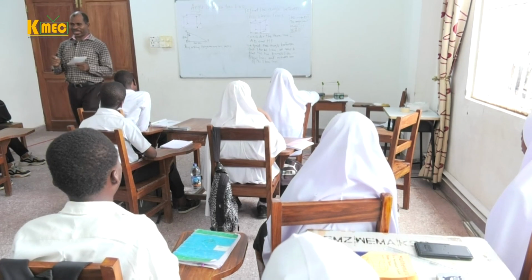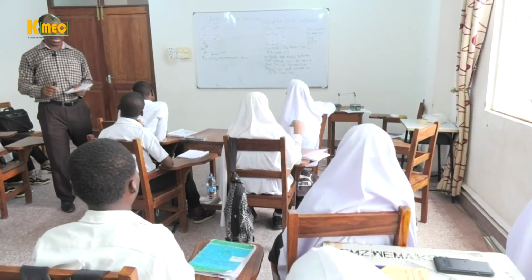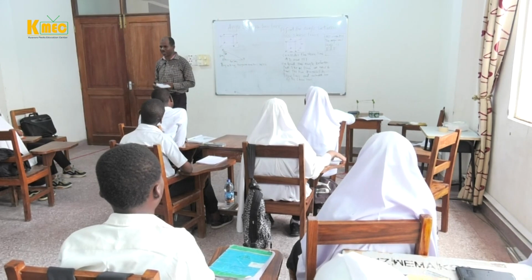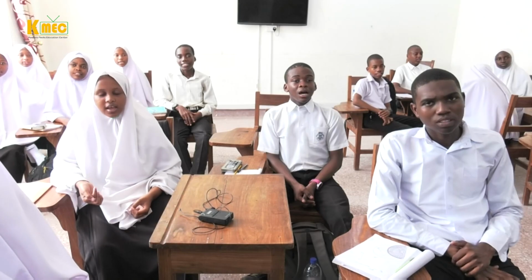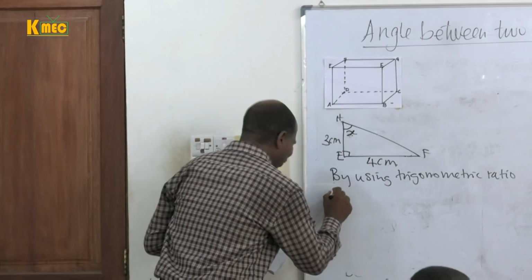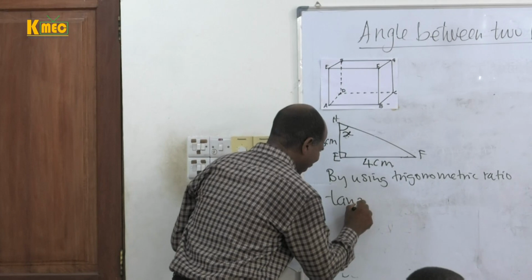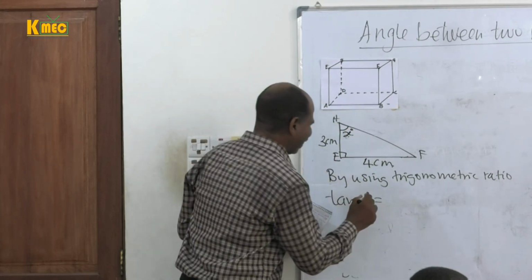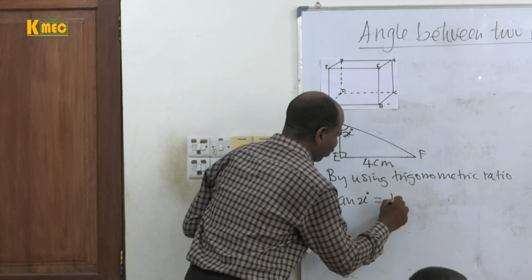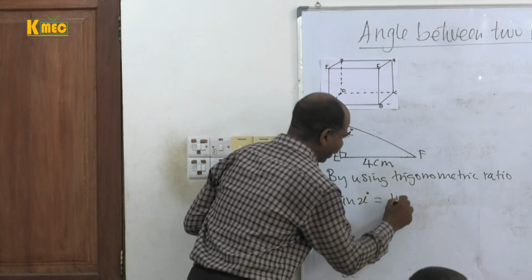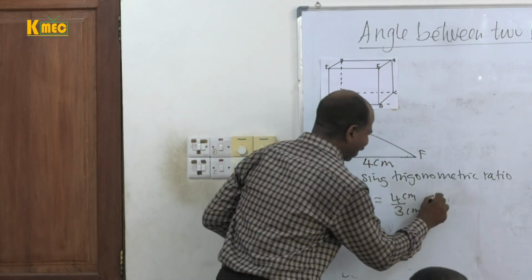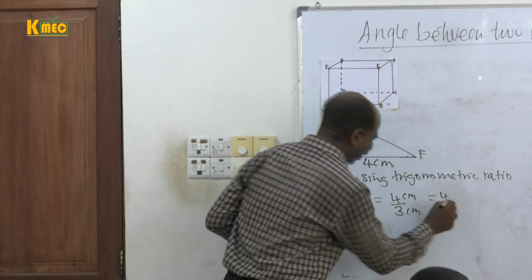The ratio between the opposite side and the adjacent side is called tangent X. I always say tangent X. So tangent X, normally we call it X degrees, is equal to 4 divided by 3. It is 4 centimeters over 3 centimeters, which is the same as 4 over 3.